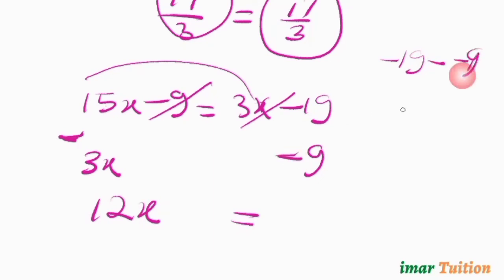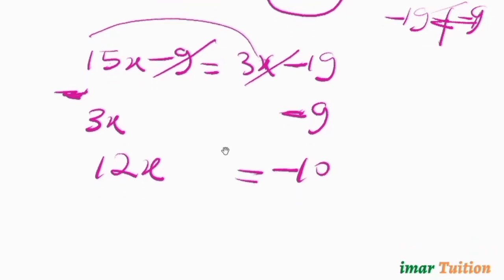Sorry, minus 9 minus 19 here. Minus here. Minus 9. Minus will give you plus. You have minus 19 plus 9. That gives you minus 10 as your answer there.